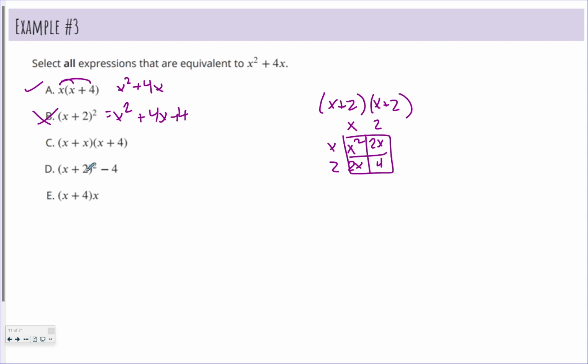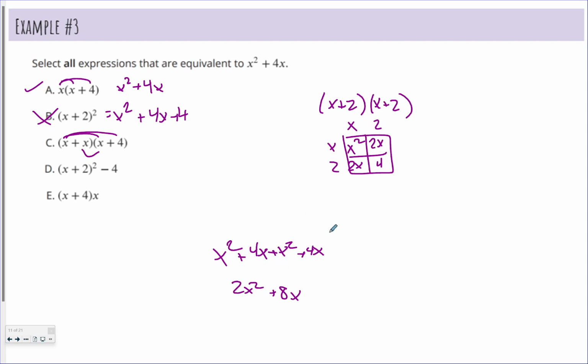What about C? Well, let's try it out. You get x times x is x squared. X times 4 is 4x. X times x is another x squared. Another 4x. And if I combine my like terms, I get 2x squared plus 8x.